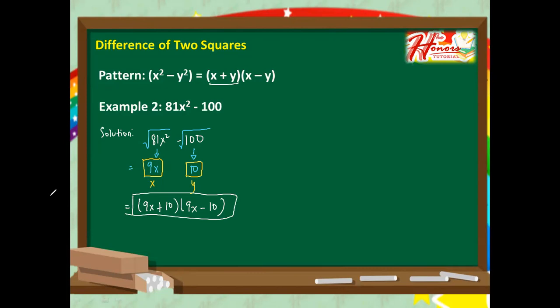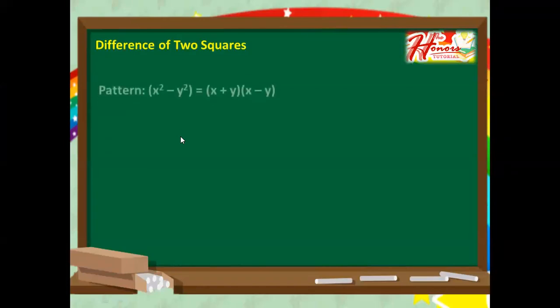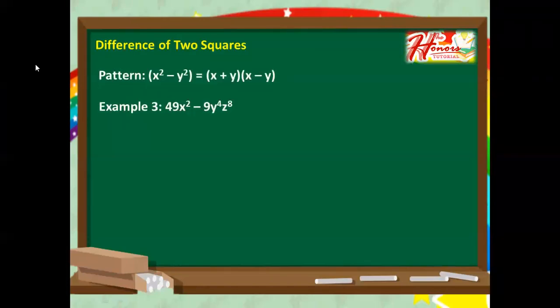Next, another example. We have here 49x squared minus 9y raised to 4 z raised to 8. Let's copy the given first. Let's have solution.